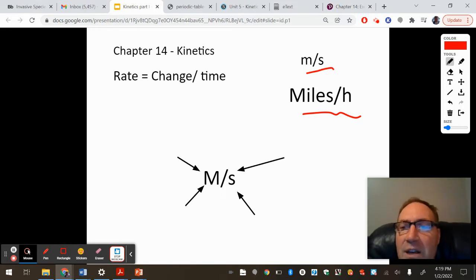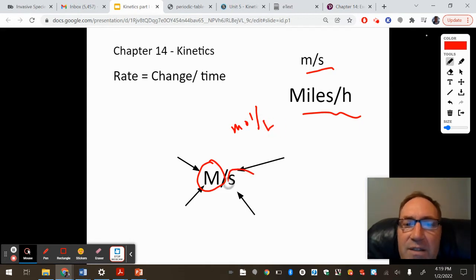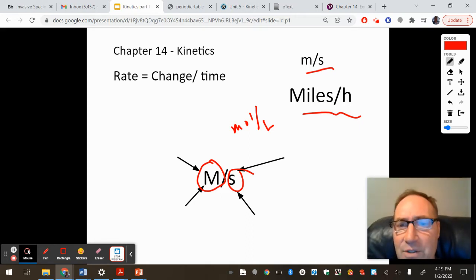But in chemistry, we're talking about the change in concentration. Concentration is molarity. Remember, that's moles per liter. And then seconds is usually what we measure in. It can be seconds, hours, years. It doesn't matter, some unit of time. So usually we're looking at the change in concentration, always molarity, moles per liter, over the change in time.